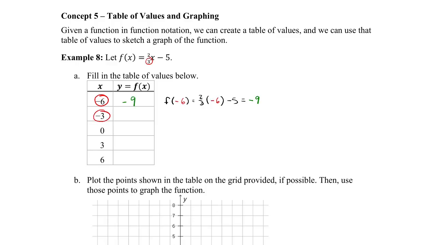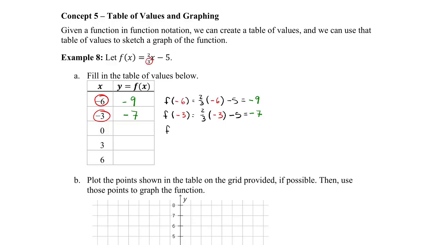When x is -3, we'll take f of -3 equals 2/3 times -3 minus 5. And that comes out to -7. So input -3 gives us output -7.